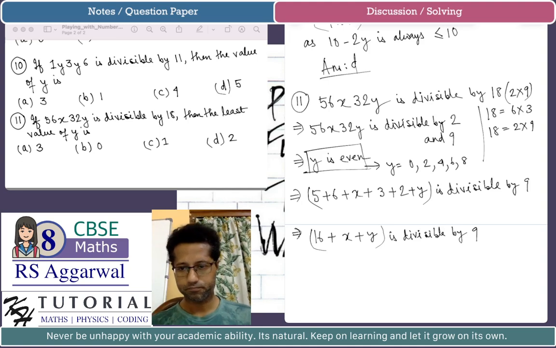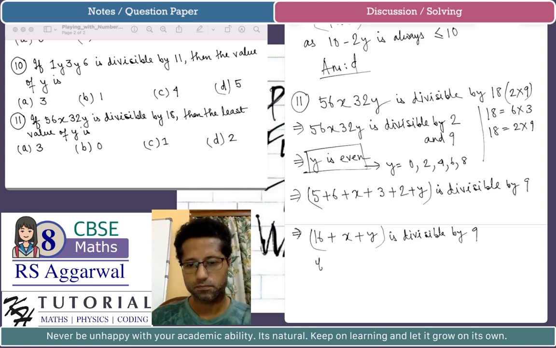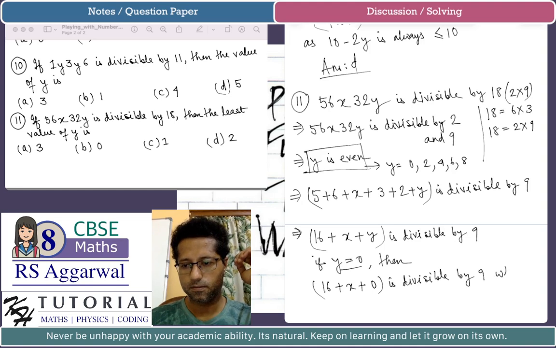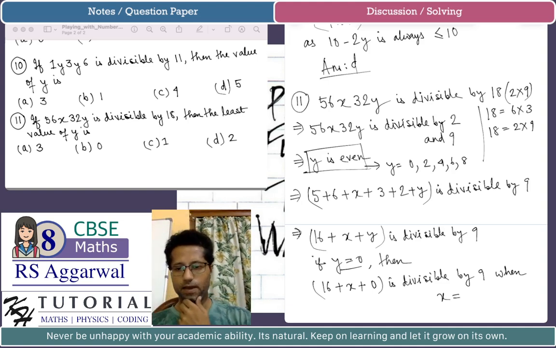Now if y is 0, then 16 plus x plus 0 is divisible by 9 when x will be equal to... If you consider y to be 0, what value of x can we have such that 16 plus x will be divisible by 9?